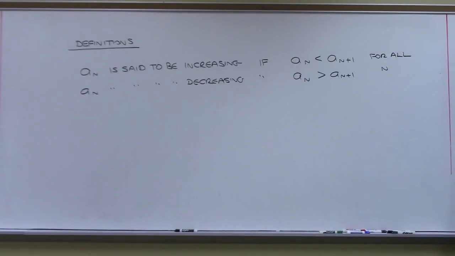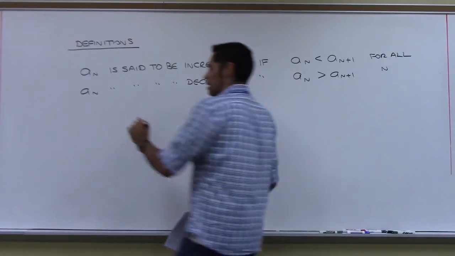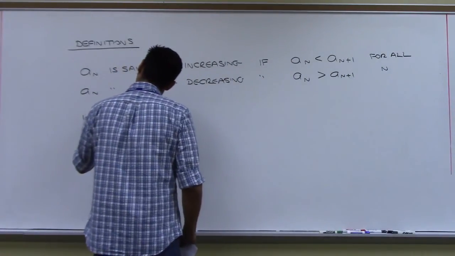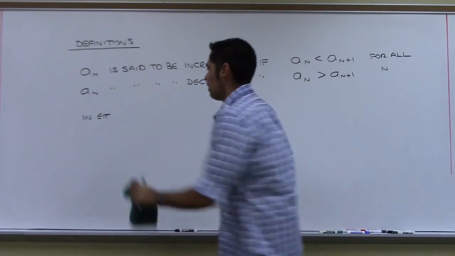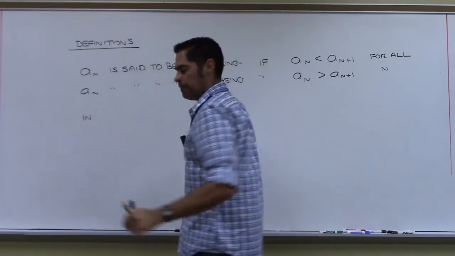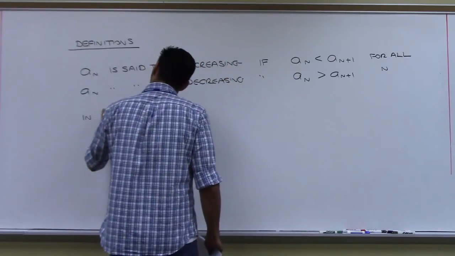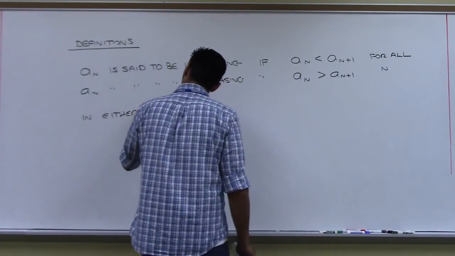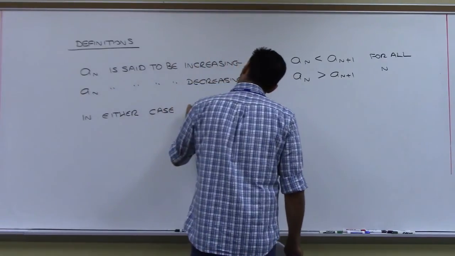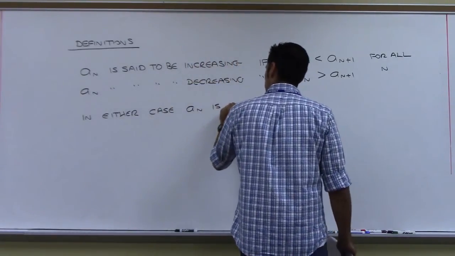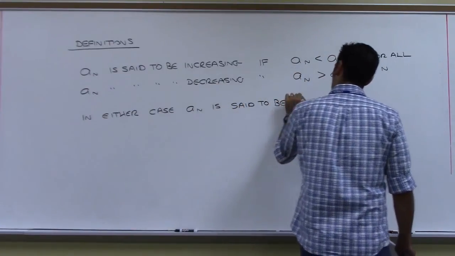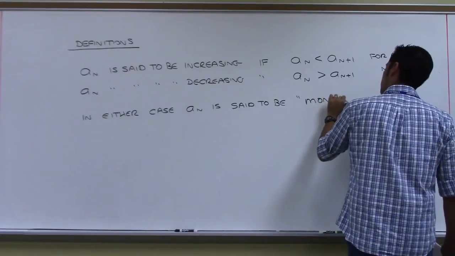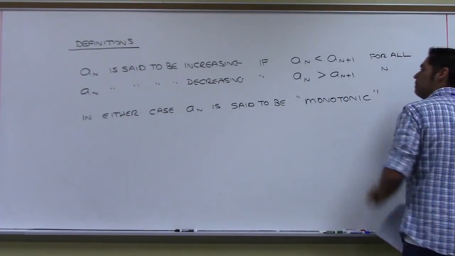So that would be decreasing. In either case, a sub n is said to be monotonic.